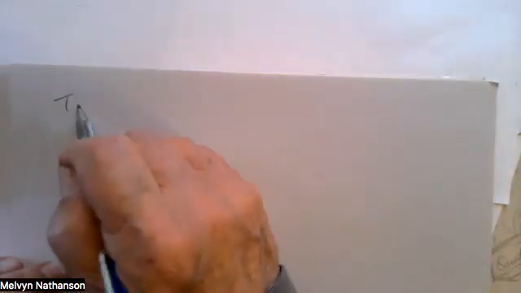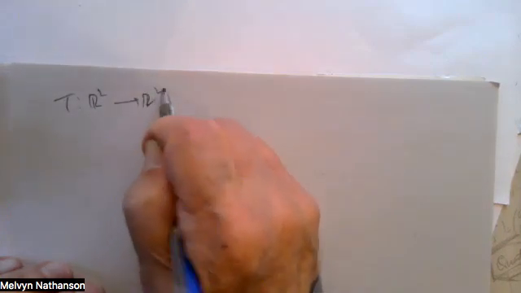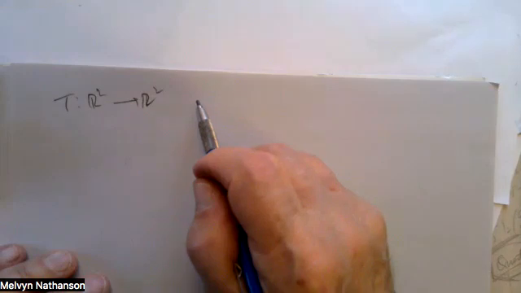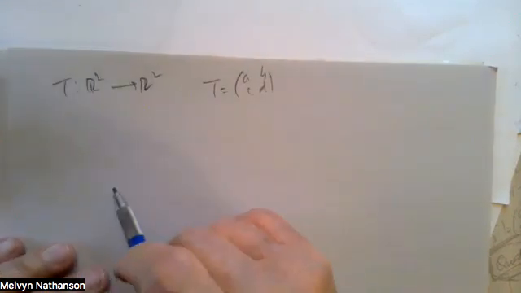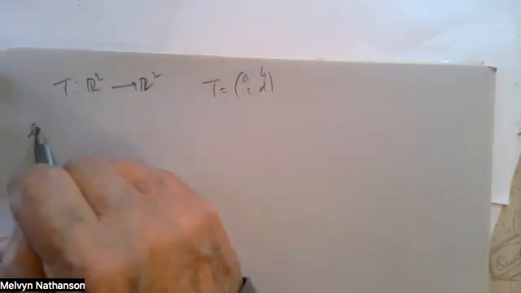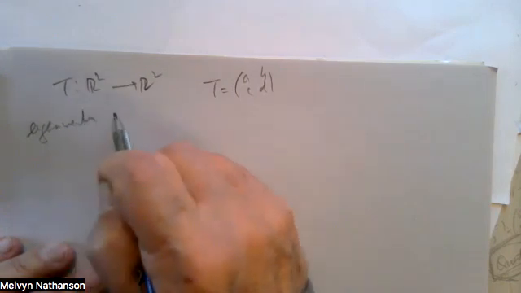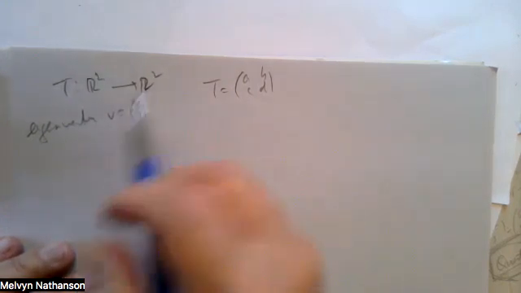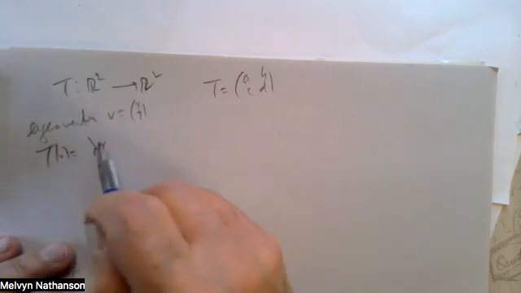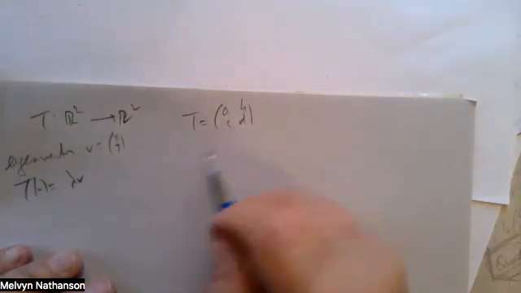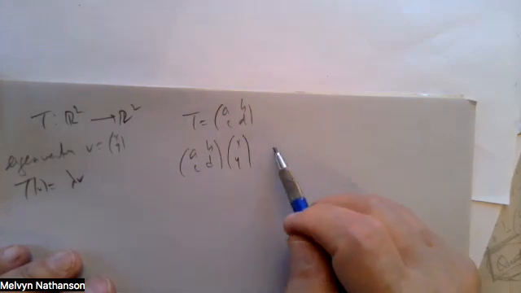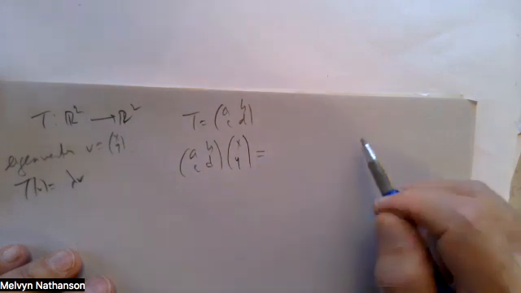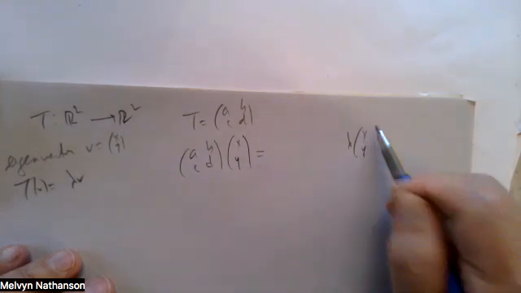Suppose T is a linear transformation from R2 to R2, and suppose the matrix for T is A, B, C, D. So an eigenvector V equal XY would have the property that T of V is lambda V, or A, B, C, D applied to XY is just lambda times XY.